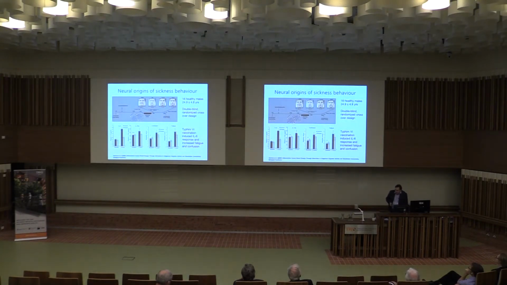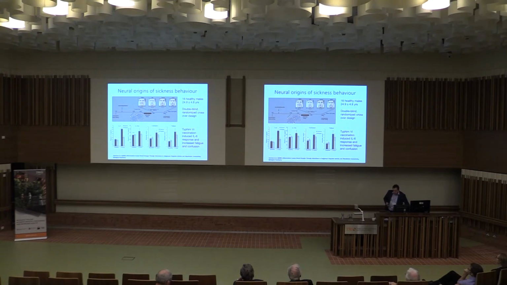In 2009, our group in London were one of the first in the world to demonstrate a neural basis for inflammation-induced sickness behaviour. This is a functional imaging experiment. It's a double-blind, randomised, controlled crossover design. And we had 16 healthy males who were scanned twice, while viewing pictures of emotional facial expressions.